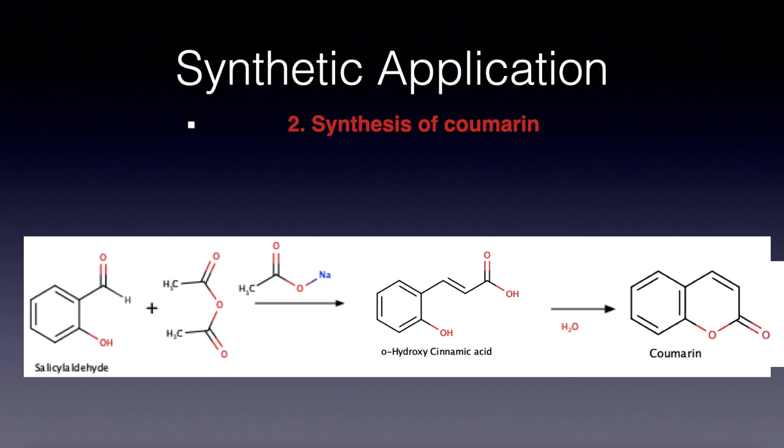The second synthetic application of Perkin reaction is in the synthesis of coumarin.